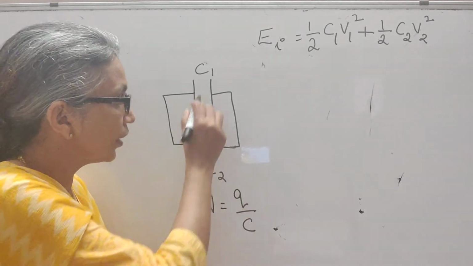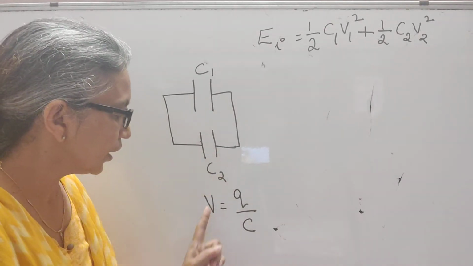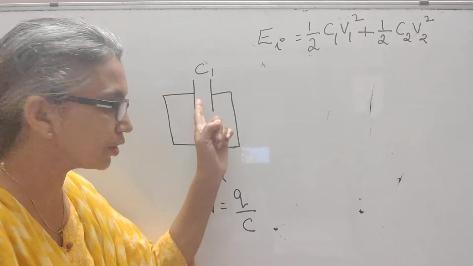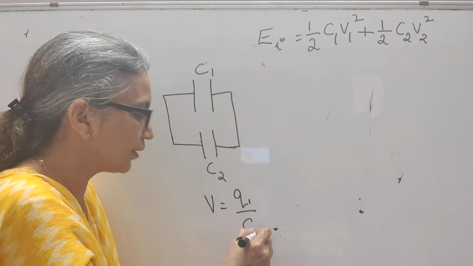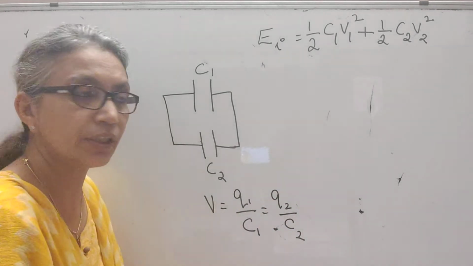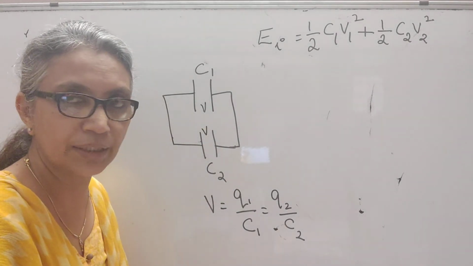Because they both have different capacitance, if they must have the same voltage, they must now transfer charges till the ratio Q1 by C1 becomes equal to Q2 by C2. Because you know V across this and V across this must be the same because they are in parallel.